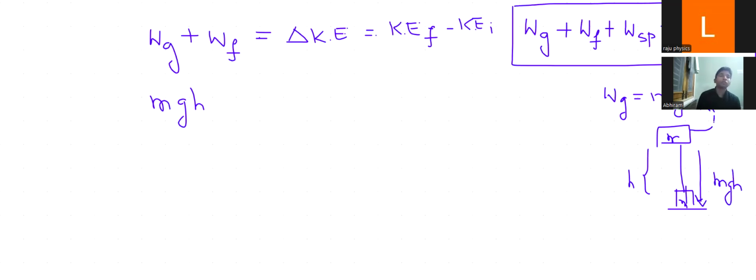But sign convention is important. Here the sign convention is minus mgh, and here it is plus mgh, because here gravity is positive.